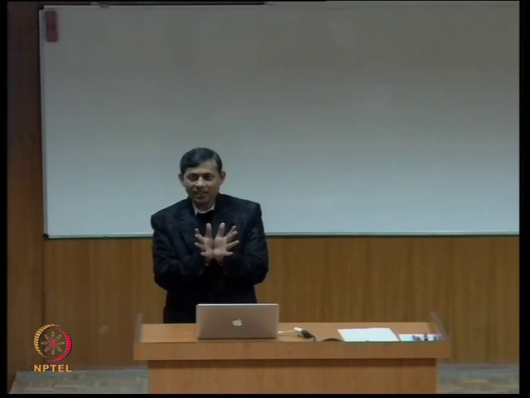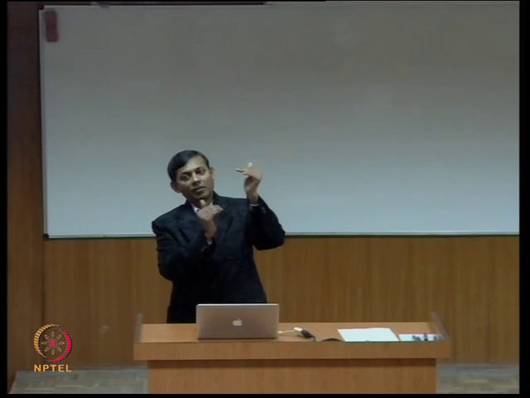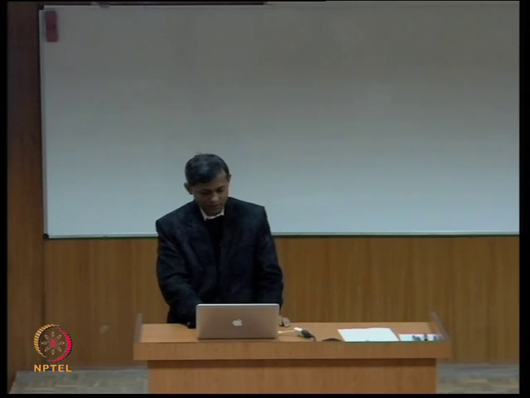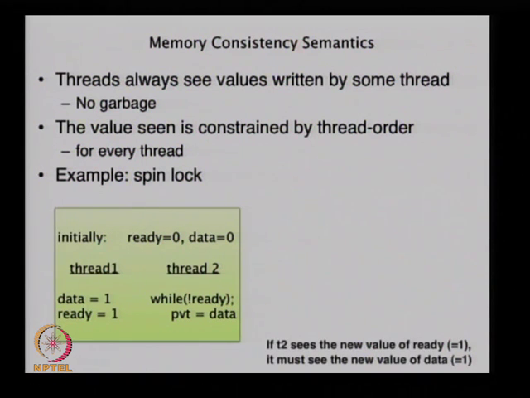We were expecting that if you have, so let me go back to the previous case. We were expecting that if we are reading ready equal to 1, by that time data must be valid because I am now going to read data. So if sequentially consistent is implemented, then you are ensuring private will be correct. Then you are expecting this program to behave correctly.